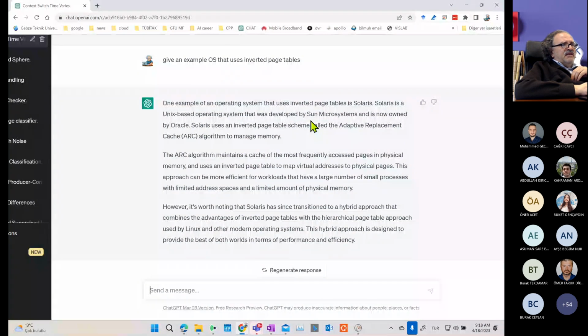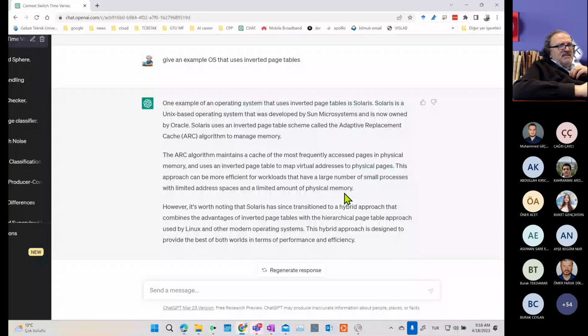Later, Oracle bought all the rights for the Solaris system. By the way, Sun Microsystems invented the Java programming language. So I say that it's a Unix operating system. It uses inverted page tables. I am not sure if it is correct, but that means what? It means inverted page tables are usable in an operating system like Unix.